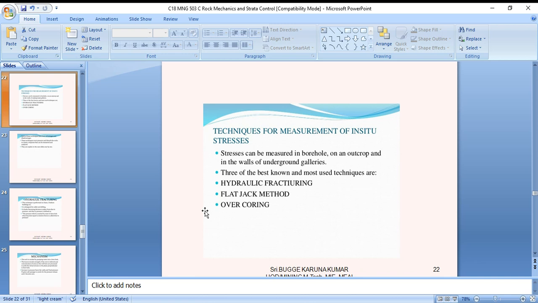LVDT, the linear variable differential transformer, is configured to convert small displacements into a change in the electrical current.